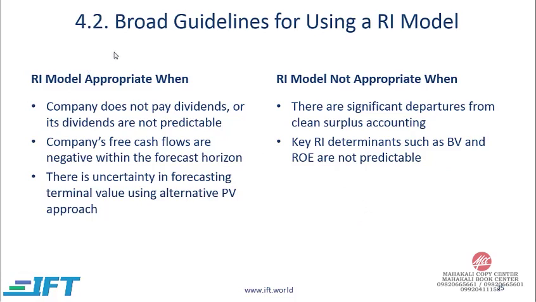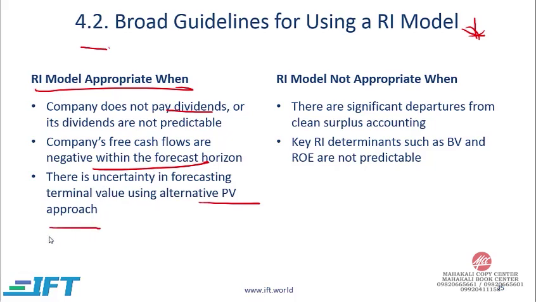All right, what are the broad guidelines for when to use the residual income model? And this is very testable in my opinion. We've seen this before also. You use the residual income model for companies which do not pay dividends, or if the dividends are not predictable, companies' free cash flows are negative within the forecast horizon, or there is uncertainty in forecasting terminal value using other present value approaches.